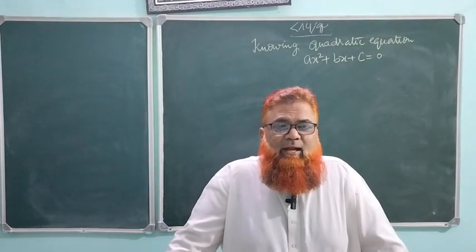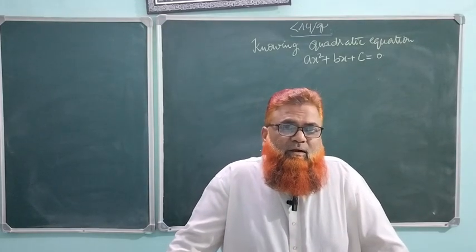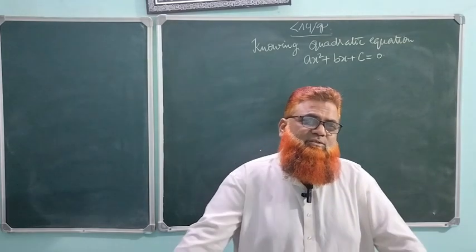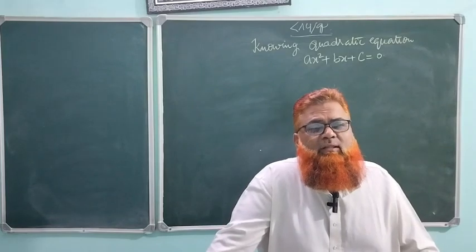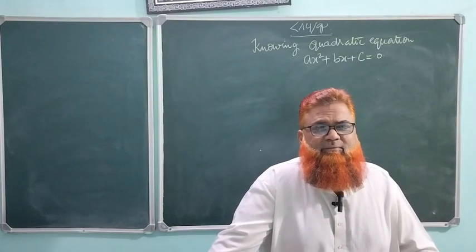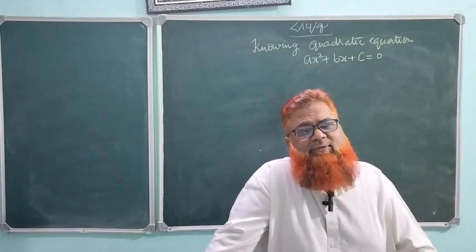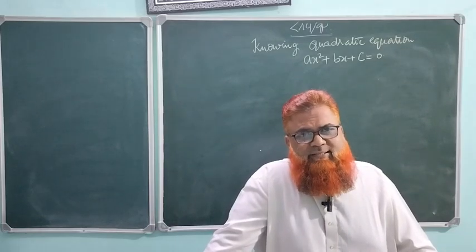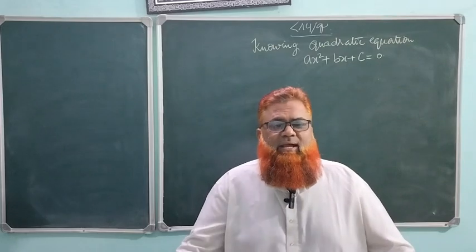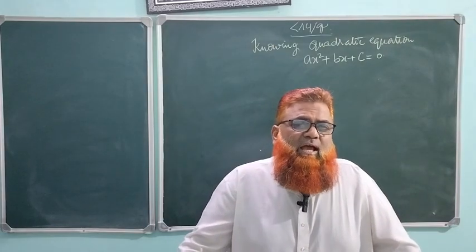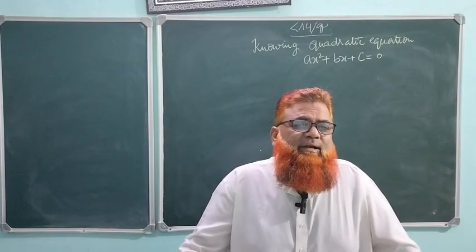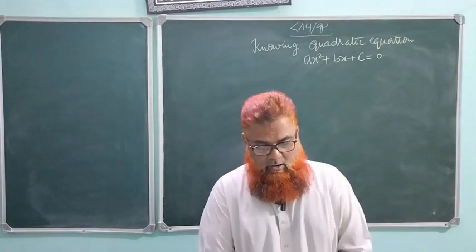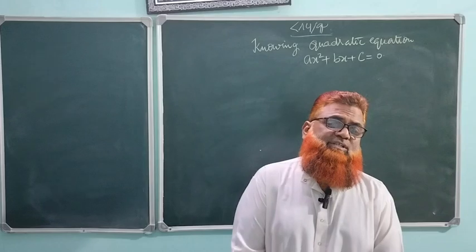In that video I also discussed how to solve the quadratic equation. The general form is ax square plus bx plus c equals 0. I told you there are three main methods to solve it.